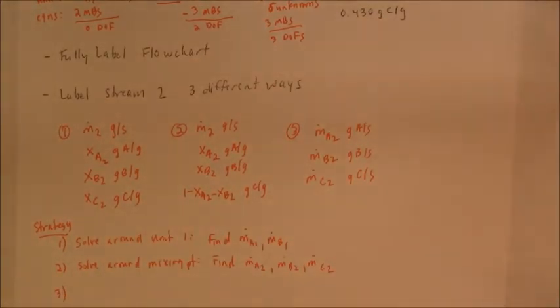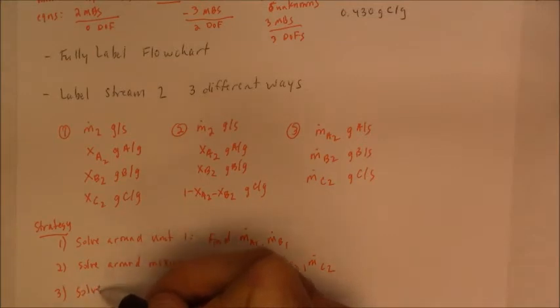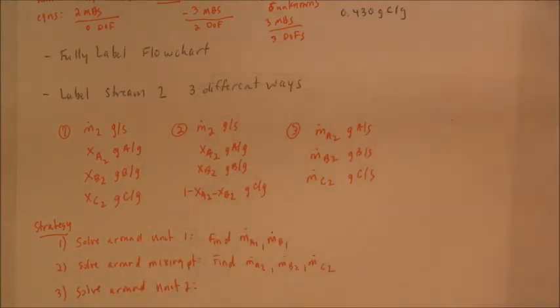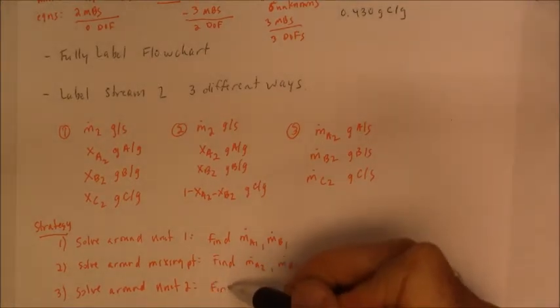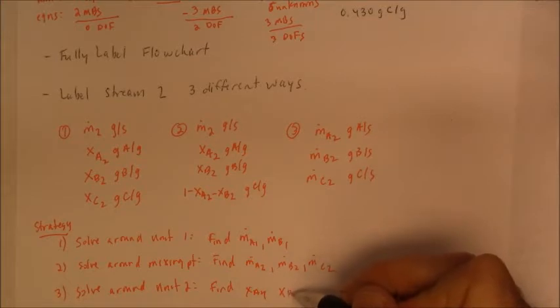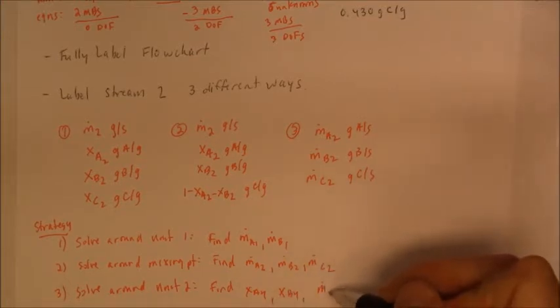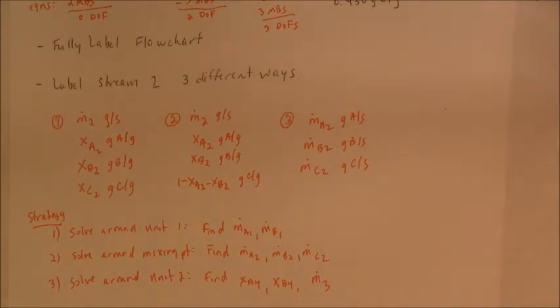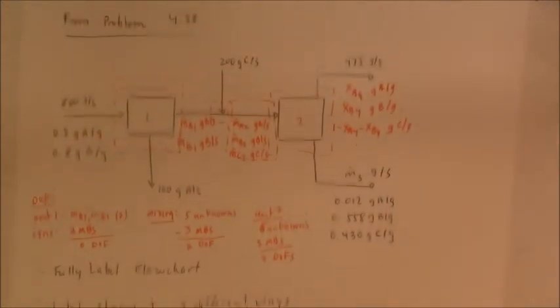And finally, we can solve around unit 2. And by solving around unit 2, we can find XA4, XB4, and then M3. This would require a little bit of algebra, solving some systems of equations, but you can handle it from there.